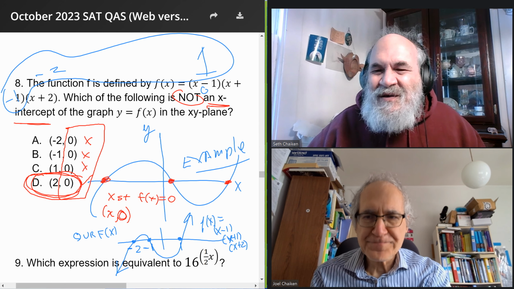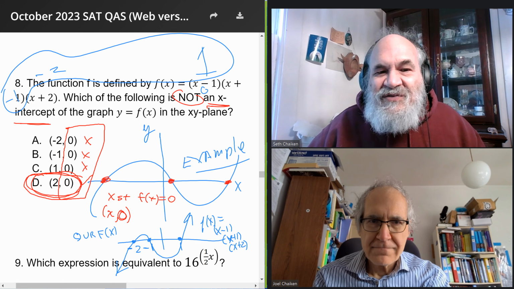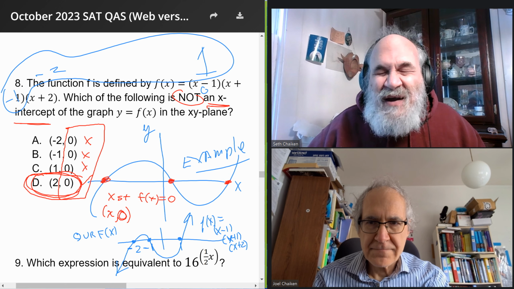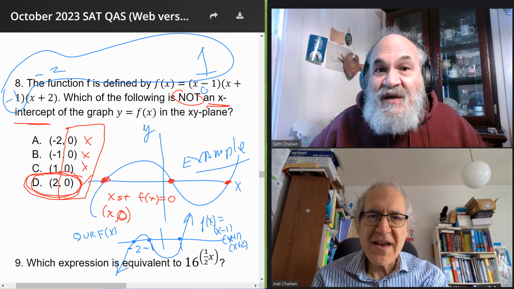So all you have to do is pick the choice where the x value makes the formula for f equal to a non-zero value.